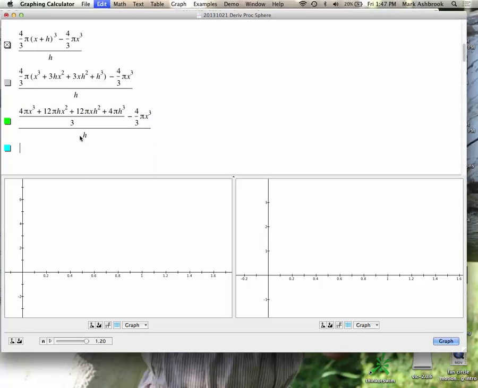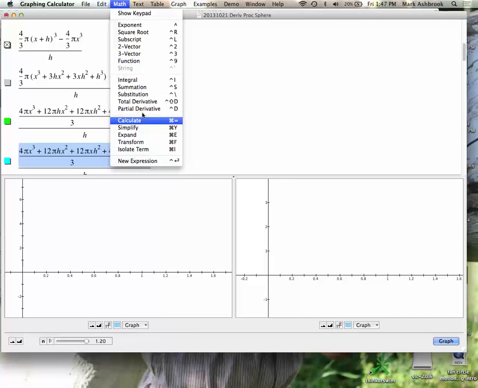Copy, paste. Now for that numerator, can you see what's going to happen? There's a 4 pi x cubed over 3, and then minus 4/3 pi x cubed at the end. So if we simplify that, if you go math, simplify.